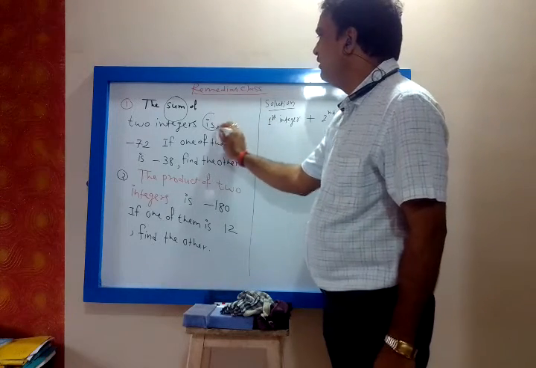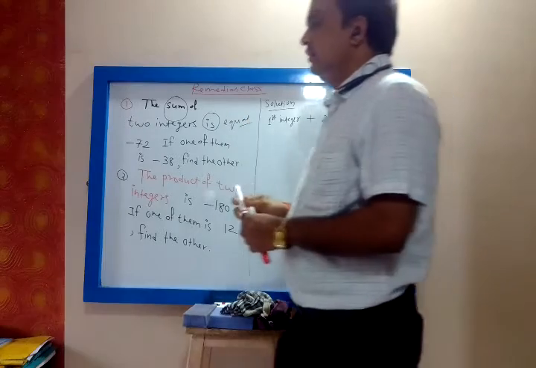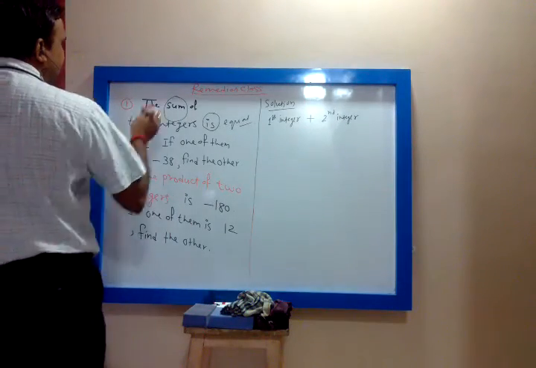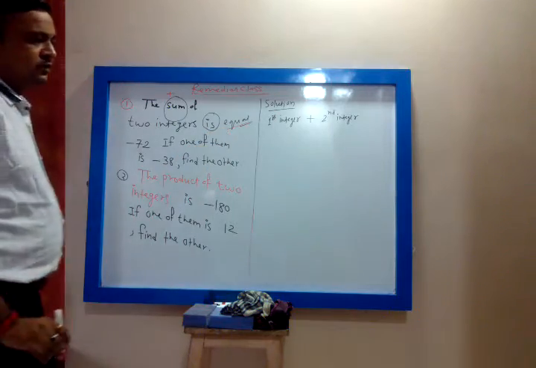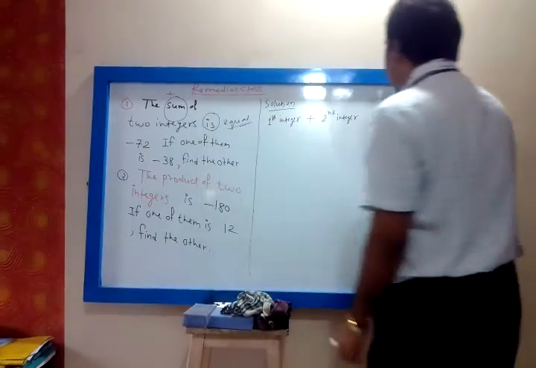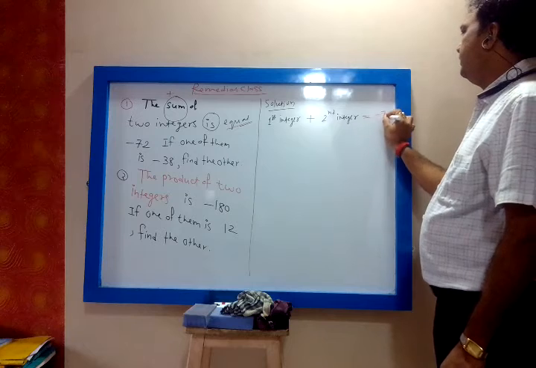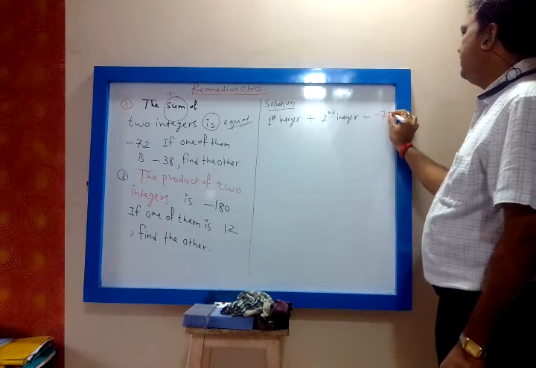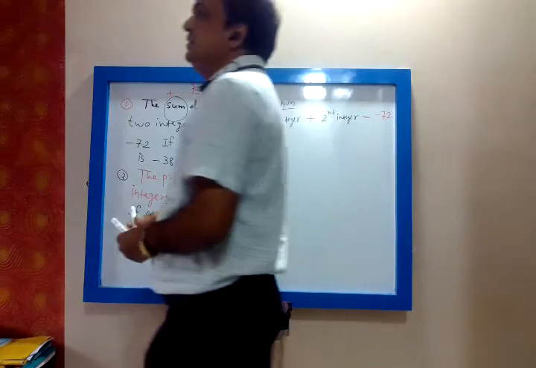Is means equal. So sum means plus, is means equal. So first integer plus second integer is equal to minus 72.